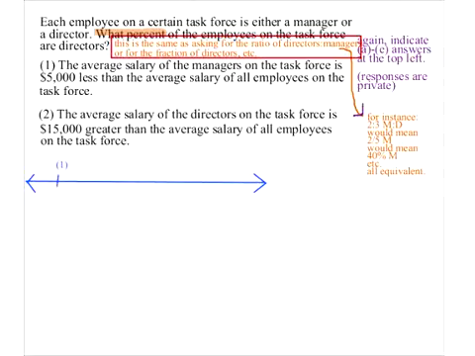Here's our managers. Here's our directors. This is not to scale, because I'm going to use the same diagram for all of these. So the average salary of the director is 15. I'm going to do a little copying and pasting black magic here. So just a second, guys.